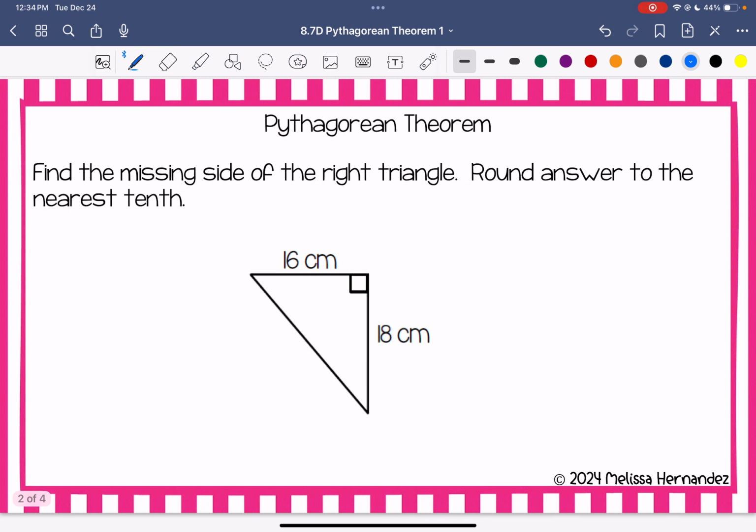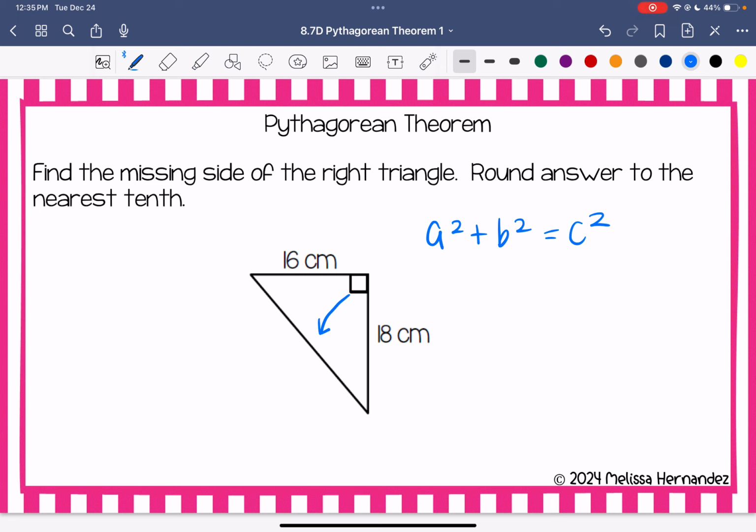Find the missing side of the right triangle, round the answer to the nearest tenth. So the first thing I recommend is always put an arrow towards the longest side, which is your hypotenuse. In this case, that's what we're solving for, but we're not always solving for it. So I do recommend this, and always writing down your formula when you're solving equations.